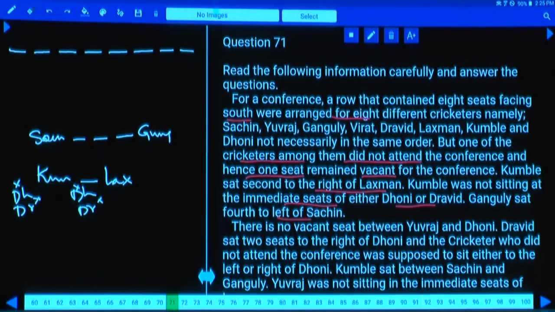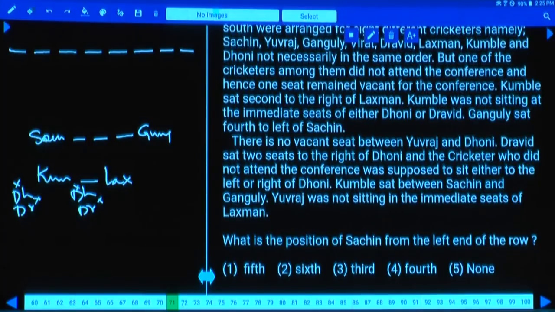Ganguly sat fourth to the left of Sachin, and there is no vacant seat between Yuvraj and Dhoni. Between Yuvraj and Dhoni, all the seats must be filled. And Dravid sat 2 seats to the right of Dhoni. Here he is not talking about 2 persons, he is talking about 2 seats to the right of Dhoni.